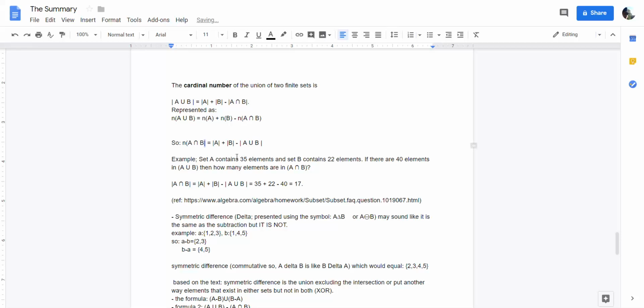This looks like an absolute symbol. So the intersection would equal the number of elements in A plus the number of elements in B minus the union. So it's just a normal mathematical operation we've done there. So that's that.